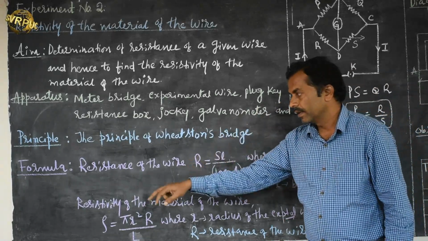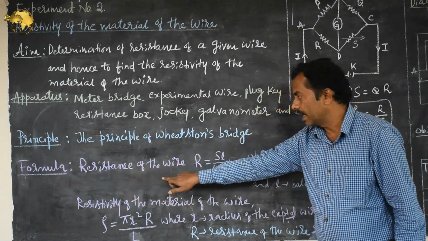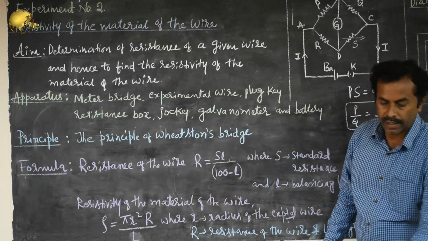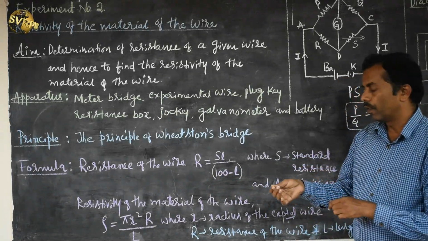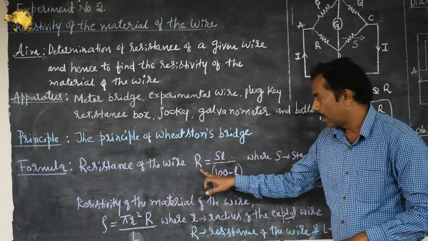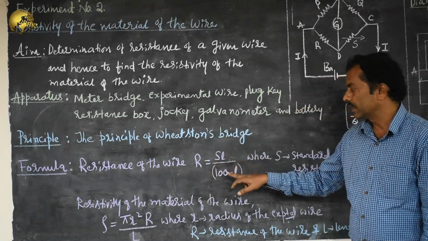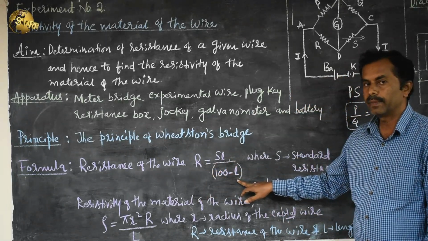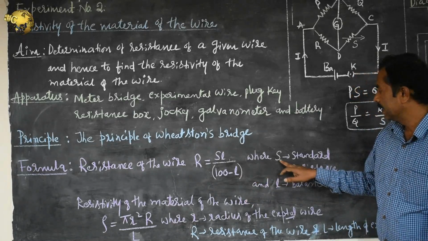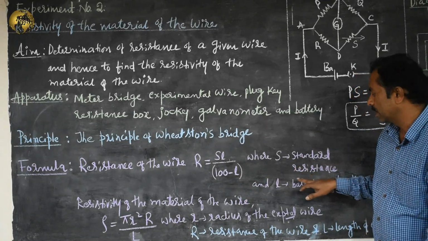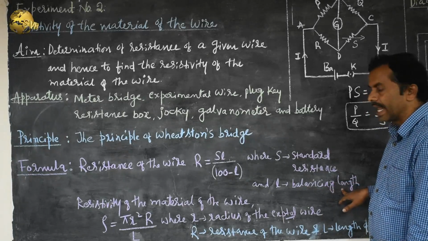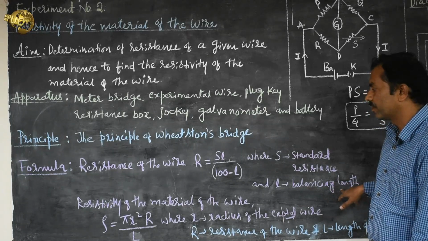Dear students, the formula required to calculate the resistance of the material of the wire of 1 meter is R equals S into L divided by 100 minus L, where S is a standard resistance and L is balancing length in meter.